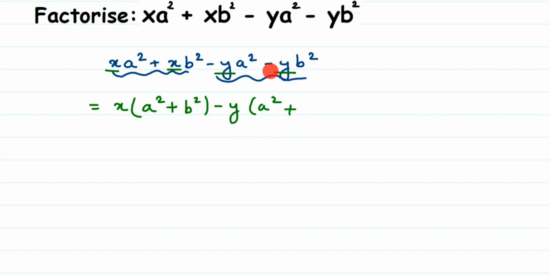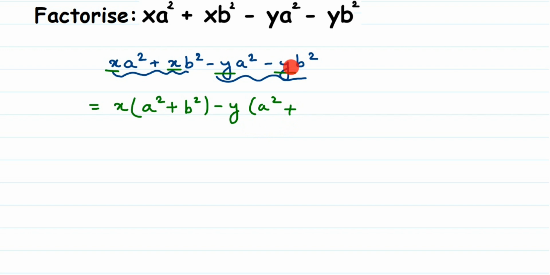We want this sign here, right? If I open the bracket, I should get back this thing, like x into a square is xa square, x into b square is xb square. So even signs will also match here. So minus y into plus will become minus, so minus yb square we will get.